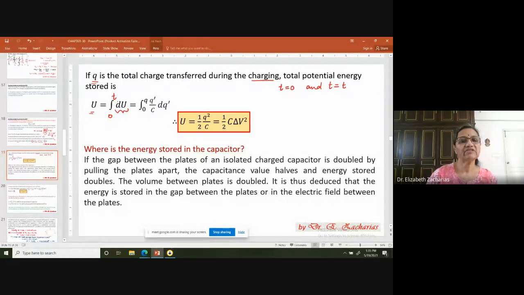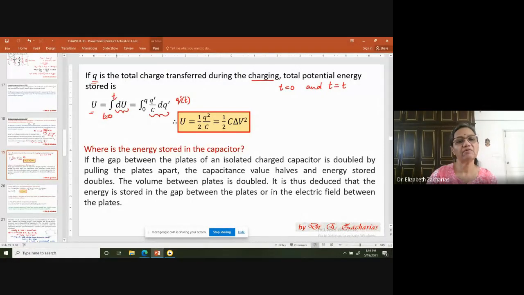Or let us write the expression for dU. dU is q prime by C times dq prime, which you did on the previous page. And here you can see that q is a function of time. The amount of charge on the plate is changing as a function of time. Therefore, at time t equal to 0, the charge is 0.